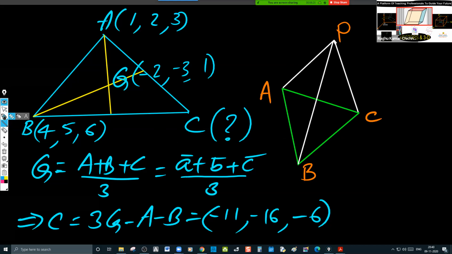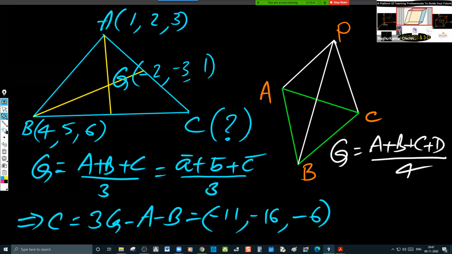What is that extra coordinate there? Because here you have 3 vertices, there you have 4 vertices. And what is the formula here? There it is A plus B plus C by 3. Here it is simply A plus B plus C plus D by 4.